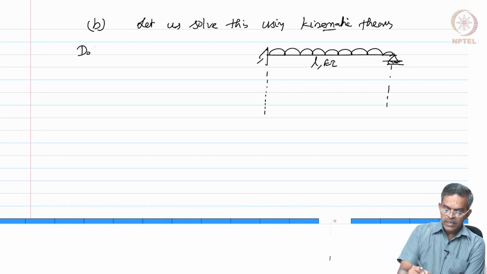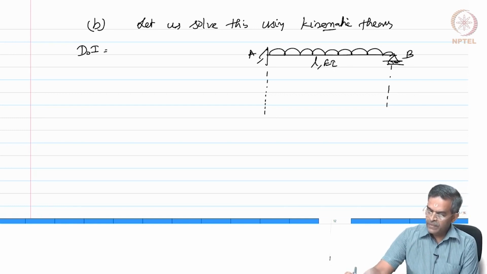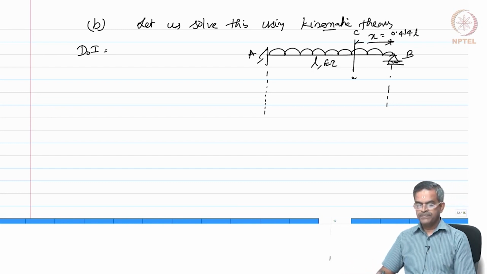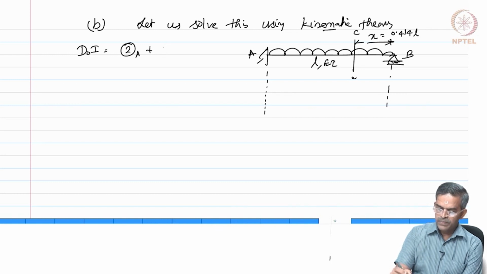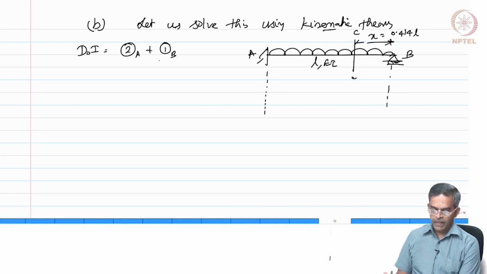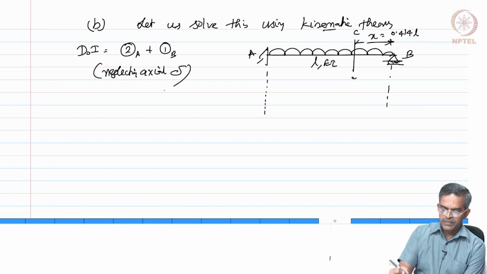We know the degree of static indeterminacy in this case, let us say this is A, this is B and this is C. So, there are two unknowns at A plus one unknown at B. We are neglecting the axial deformation.